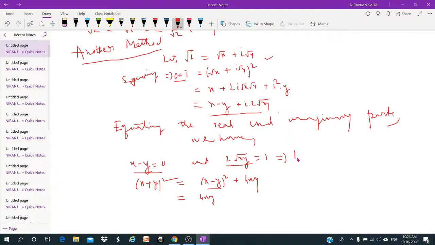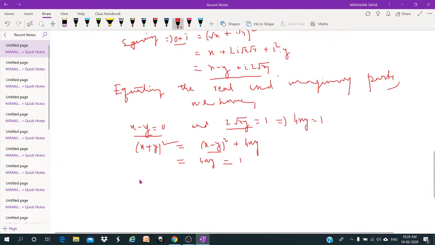So x plus y is equal to plus minus 1. Joining these two, 2x is equal to plus minus 1, so x will be plus minus 1 by 2.